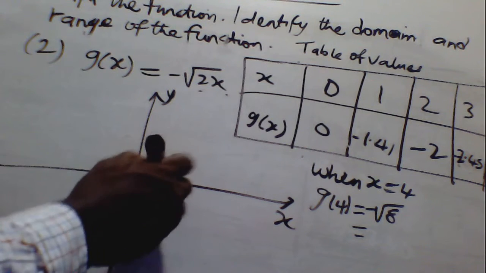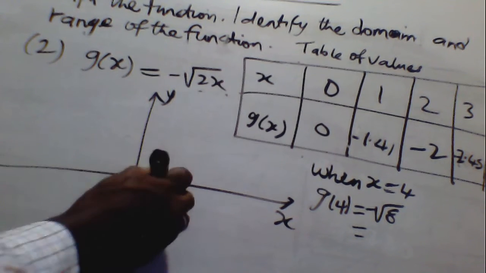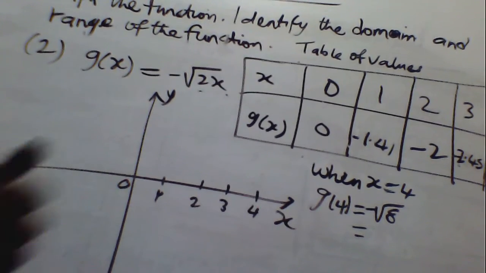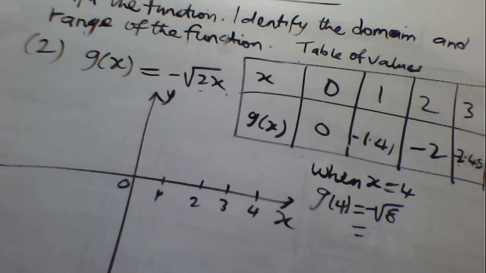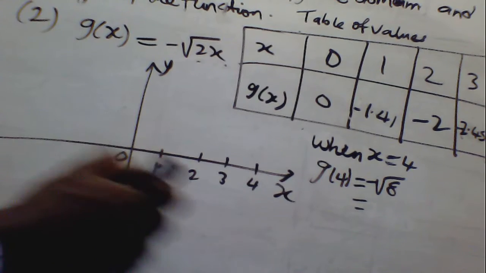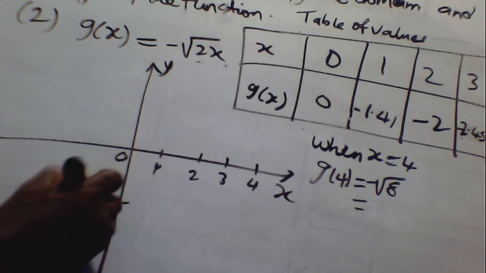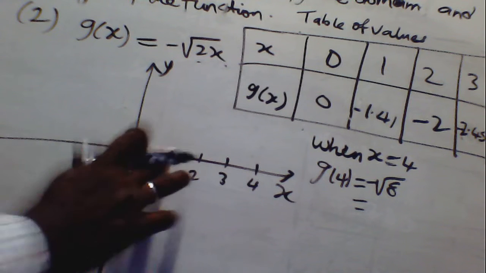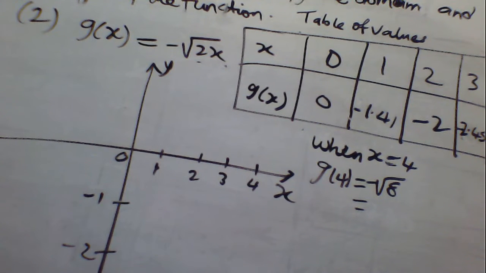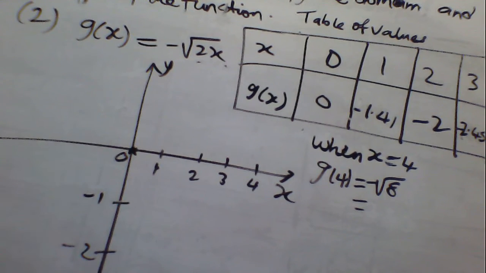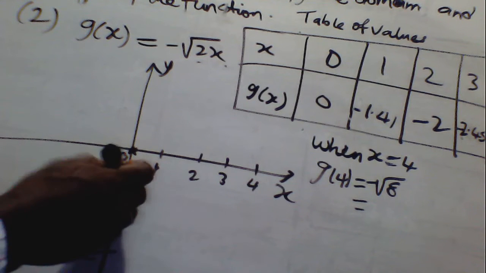So you put the values of x: 0, 1, 2, 3, 4, and then you space it because all of them will fall on the negative. Here is minus 1, here is minus 2. When x is 0, g of x is 0, that is at this point. When x is 1, g of x is negative 1.41. Let's assume it's somewhere here.